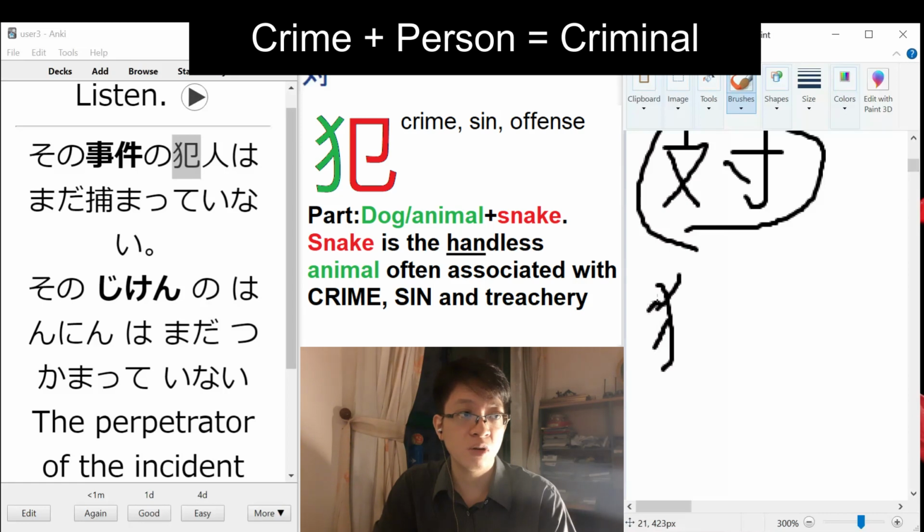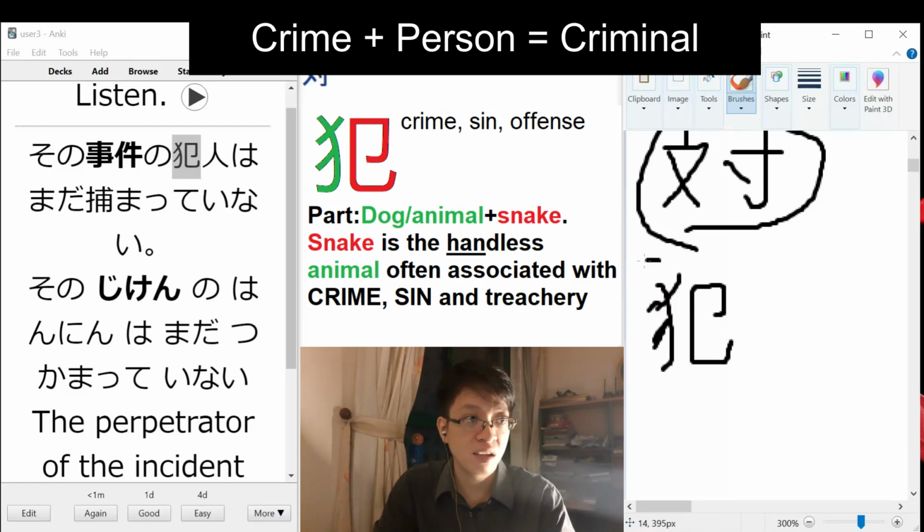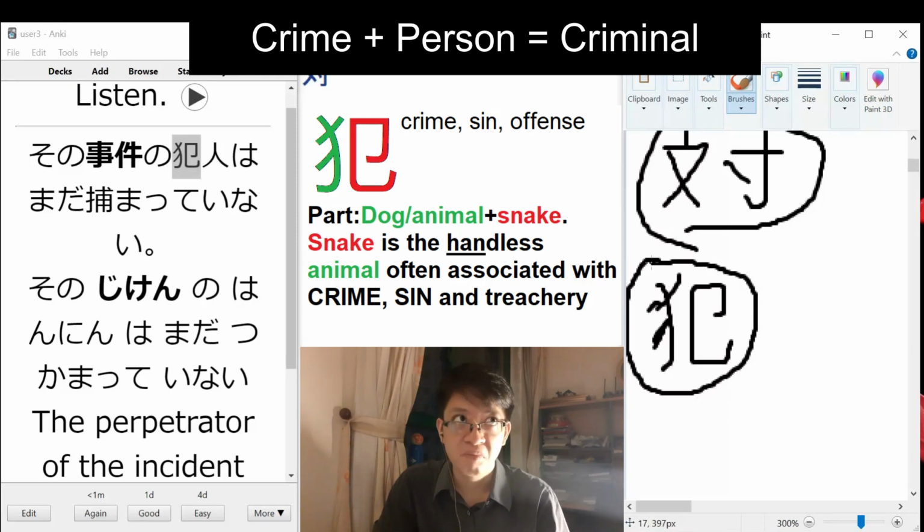A dog is actually a dog, but yeah, this is an animal. And this part here kind of looks like a snake or someone playing the snake video game, right? Snake is the animal you often associate with crime and sin or treachery. So I guess this kanji kind of makes sense, you know? Yeah, I feel it does.